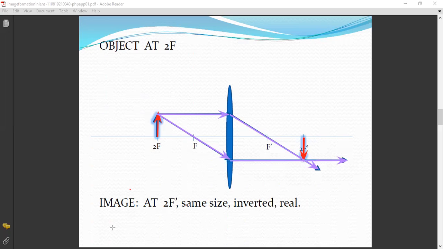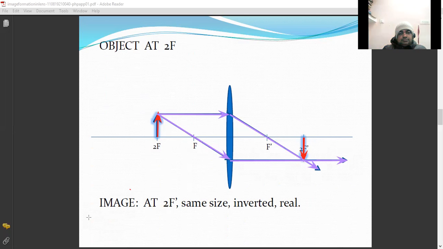What are you observing? Your observation in this case will be that the image and object both have the same size. So position first: the position is at 2f1.